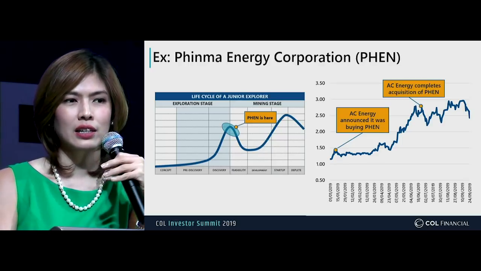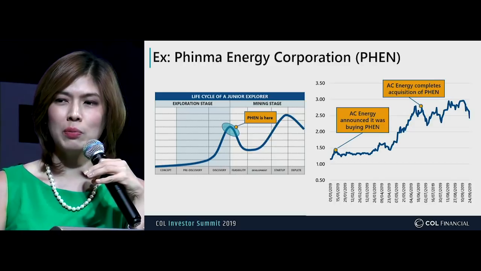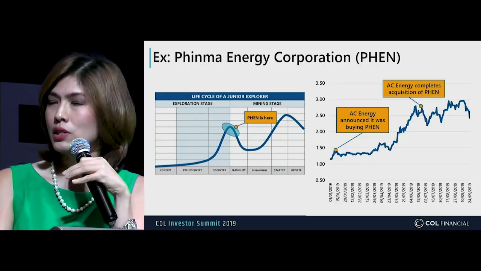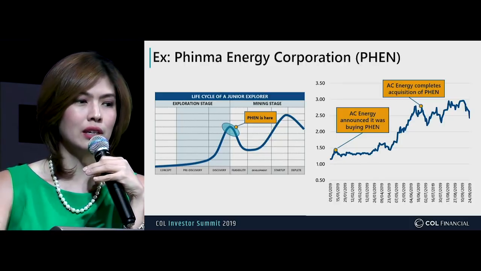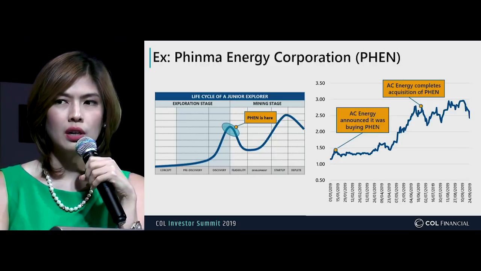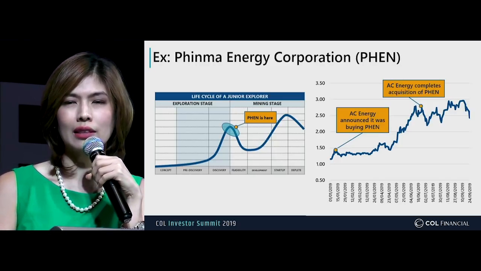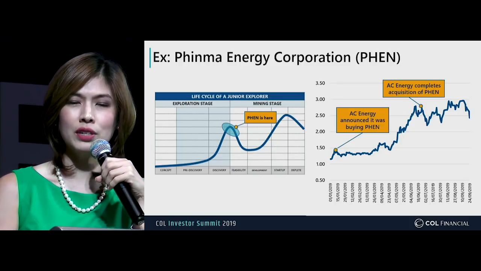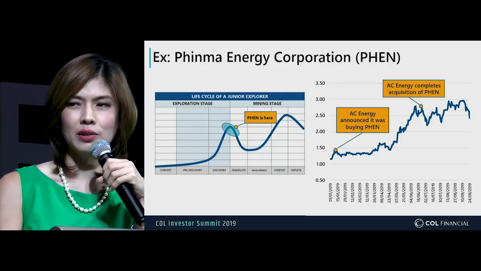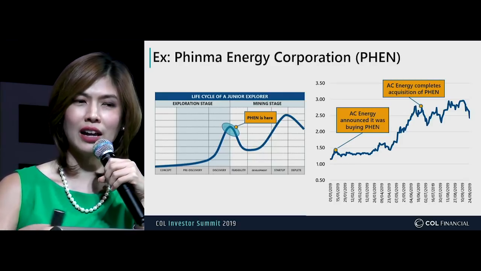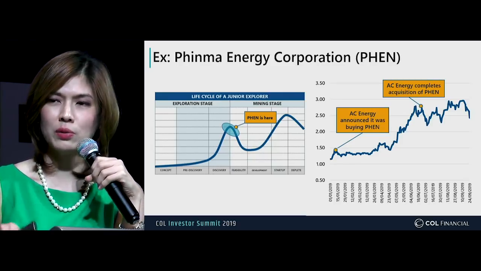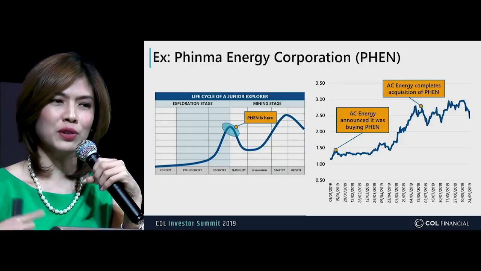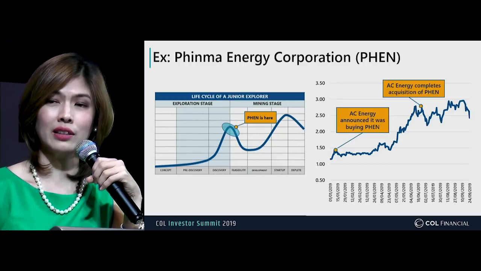And then finally, there's this exciting story about renewable energy assets that AC Energy wants to venture into or Phinma Energy wants to venture into. Our concern about that expansion is the fact that the government does not award feed-in tariffs anymore. Okay? Ubus na. Wala nang feed-in tariffs available. So if a company wants to enter into a renewable energy project, they will have to fend for themselves and accept whatever the market rate is for energy.